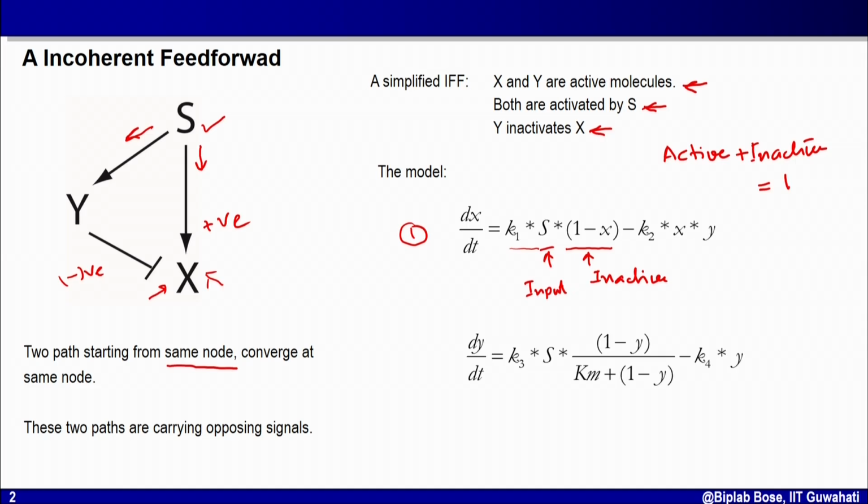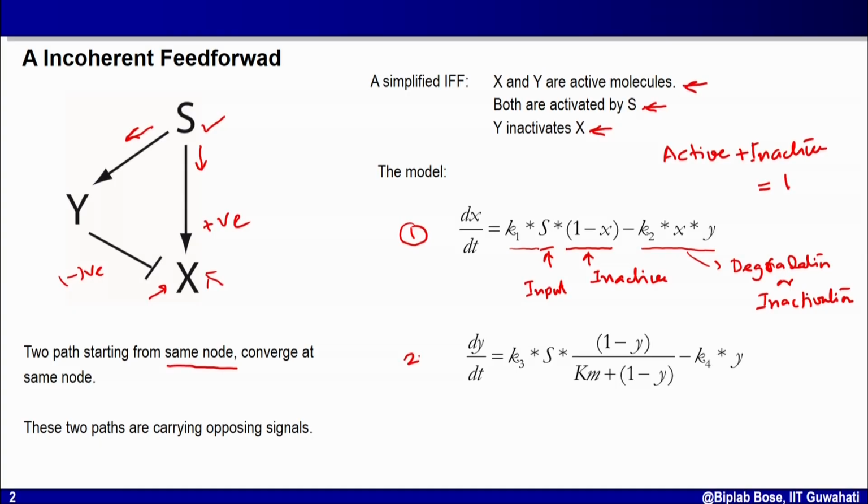S works on inactive x to give rise to active x, that is represented by x. And the last term in my ODE is k2 into x into y, that is degradation or inactivation. So y is either promoting degradation of active x or promoting inactivation of x. So that is my first ODE.